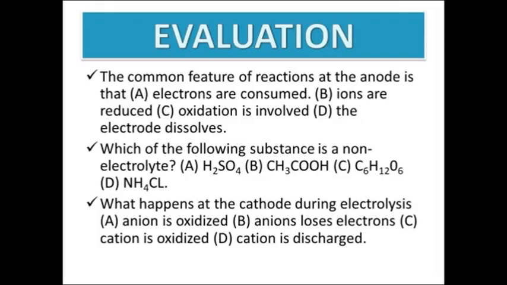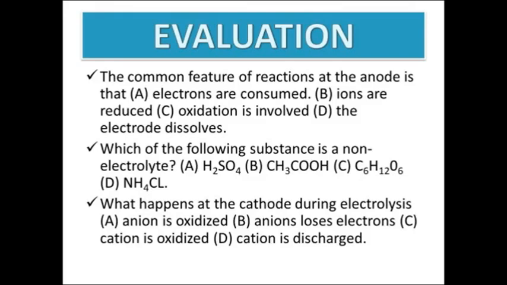So the common feature there is that oxidation is involved. Then the second question: which of the following substances is a non-electrolyte? Non-electrolytes are those that cannot produce free ions when they ionize. So when you look at tetraoxosulfate(VI) acid, when this compound ionizes, you have 2 hydrogen ions plus sulfate ion.